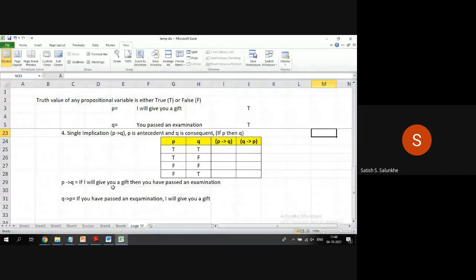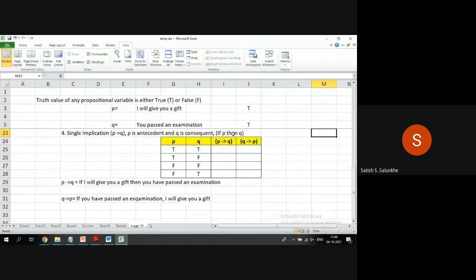If I give you a gift, then you have passed an examination. So at present, please try to understand what is the meaning of this. Irrespective of this example, when will this single implication fail? What is the interpretation of this? If P is true, then Q has to be true.